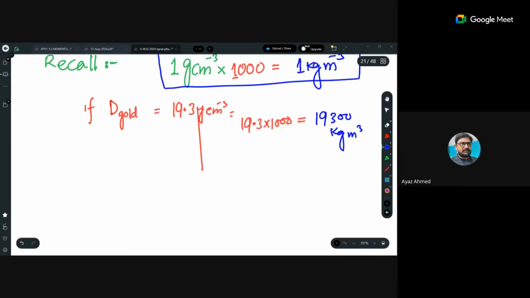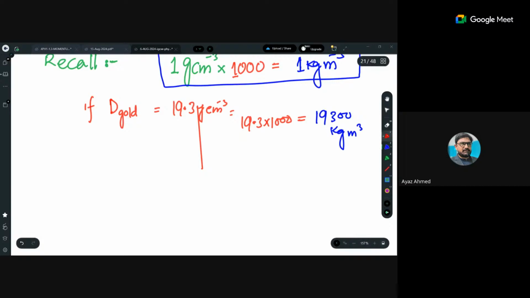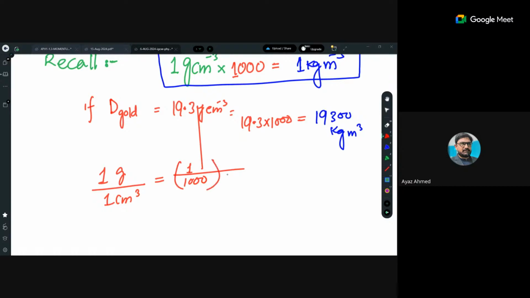How did we reach that point? If I say 1 gram divided by 1 cubic centimeter, 1 gram is actually 1 divided by 1000 of a kg, whole divided by 1 cubic centimeter, which is how many cubic meters?